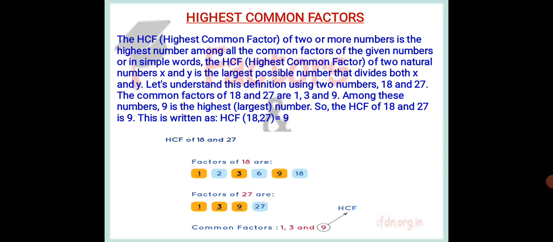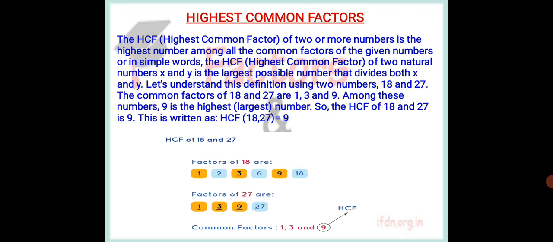Look at this example in the following figure, children. Factors of 18 are 1, 2, 3, 6, 9 and 18. Simultaneously, find all the factors of 27: 1, 3, 9 and 27. So the common factors among them are 1, 3 and 9, which are given in the yellow box.